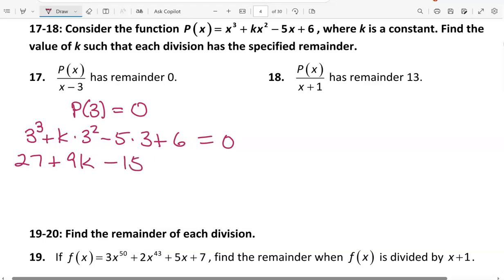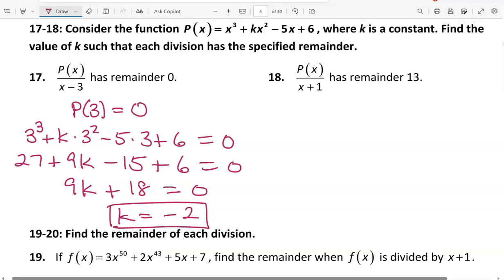And then 5 times 3 is 15, and plus 6, and that should equal 0. So we have 9k, and let's combine some like terms together. 27 minus 15 is 12, plus 6 is 18. That's equal to 0. If we subtract 18 and divide by 9, k is equal to negative 2.